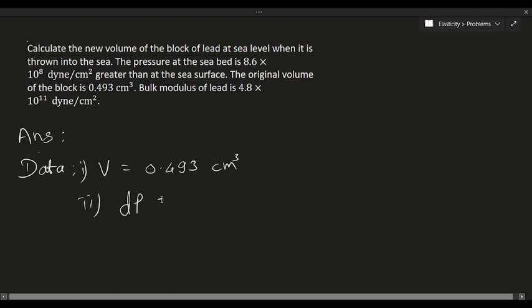So the pressure increase, dP, is 8.6 into 10 raised to 8 dyne per centimeter square. We note that all the units are in the CGS system, so we need not convert to another system of unit. The final value that we calculate will also be in the CGS system.